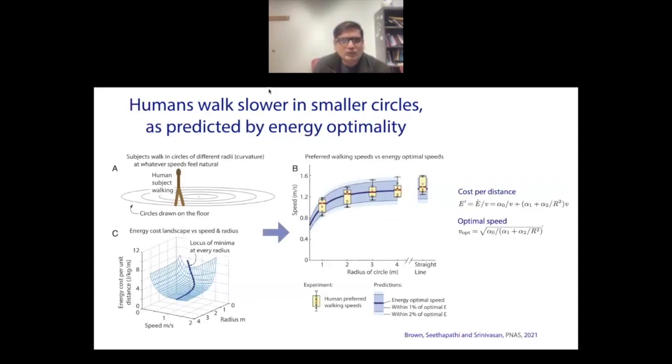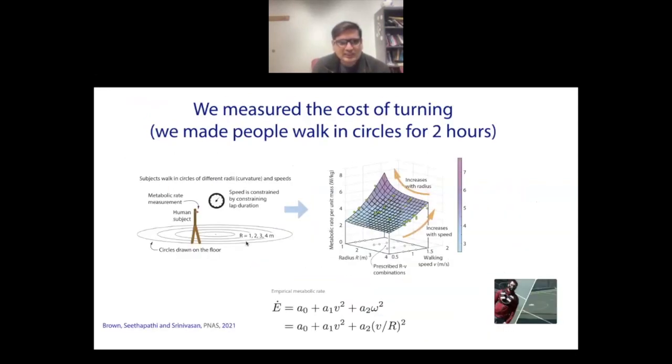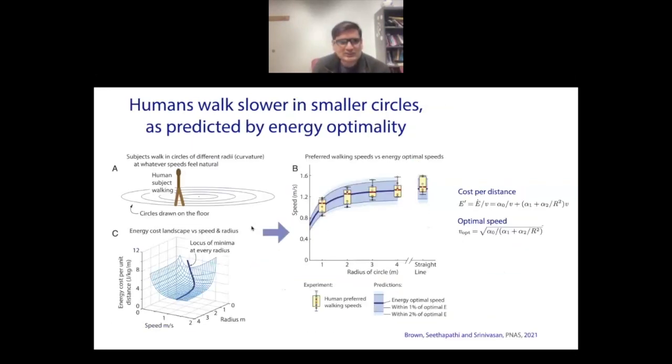And now that we have this simple metabolic cost model derived from empirical data, we can make a bunch of behavioral predictions again. The first thing that we did was an experiment very analogous to the previous one: make people walk in circles, but now at whatever preferred speed they would like.